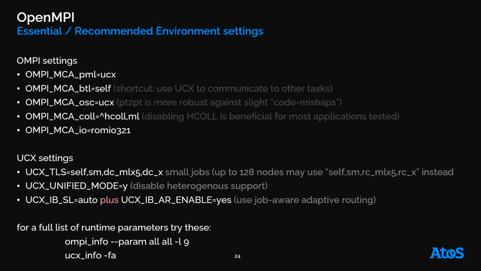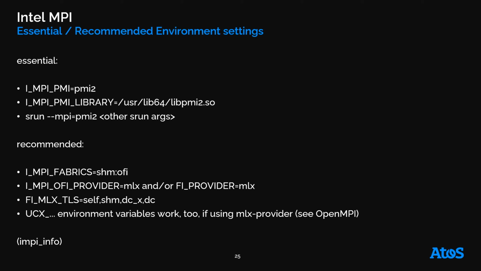That's it for OpenMPI. Then I'll move on to Intel MPI. For Intel MPI, there are two environment variables that are essential to set in order to get your application to fly with Slurm.